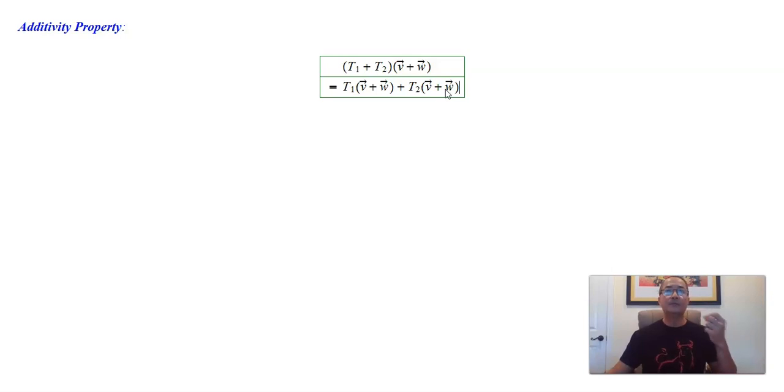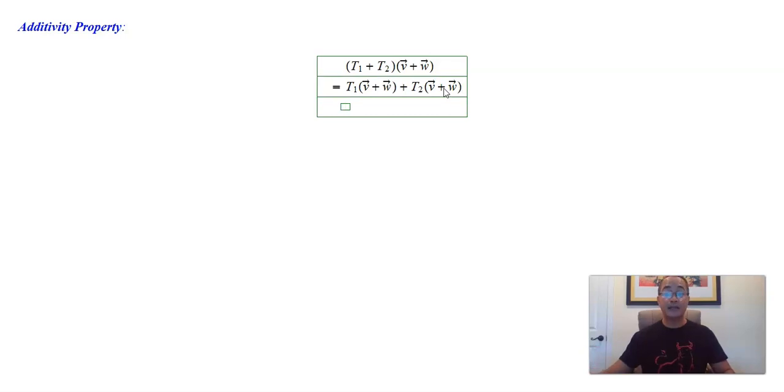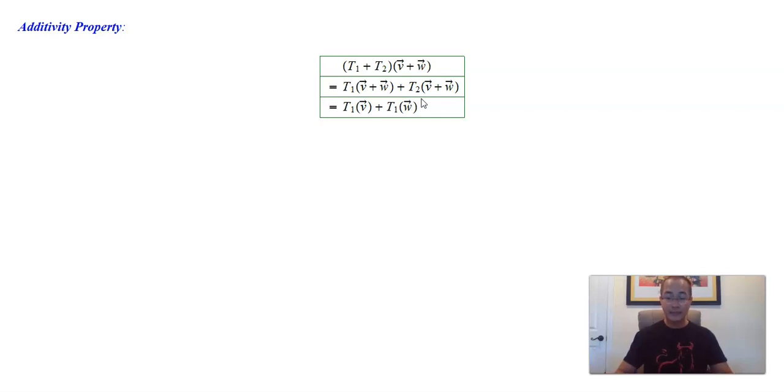Okay? So, we do know though that T1 and T2 are both linear transformations. So they are both additive and homogeneous. All we need, of course, is the additivity property. So the first expression is the same as T1 of V plus T1 of W. Okay, we have the additivity property for T1.